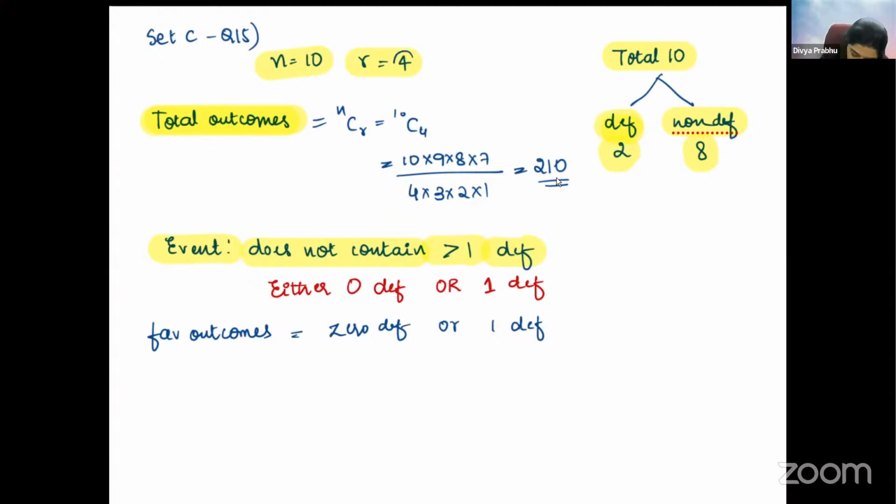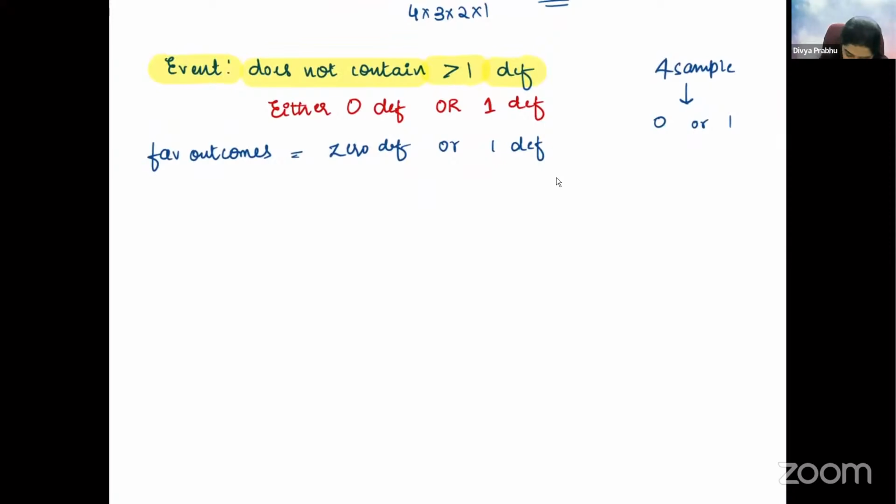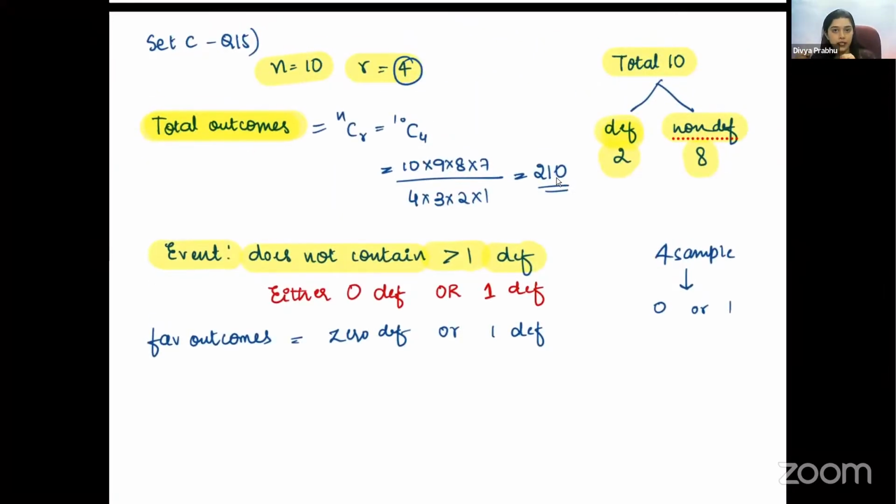So how many do I want? A sample of 4. In this 4, they are telling it can either have 0 or 1 defective. Now how do I write 0 defective? When I'm picking 4 components, I should have 0 defective, which means all 4 components should be non-defective only.